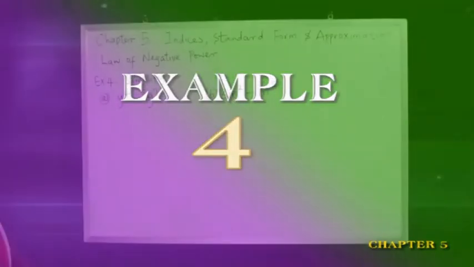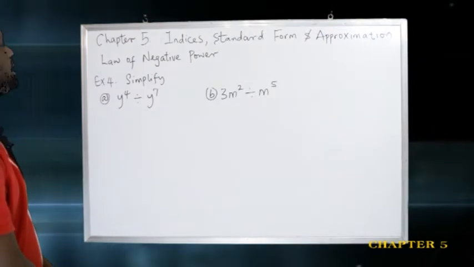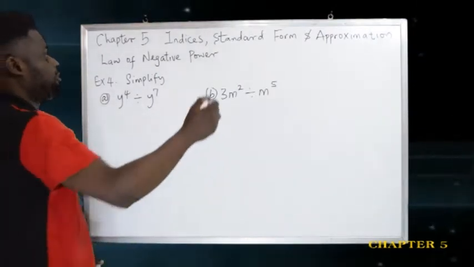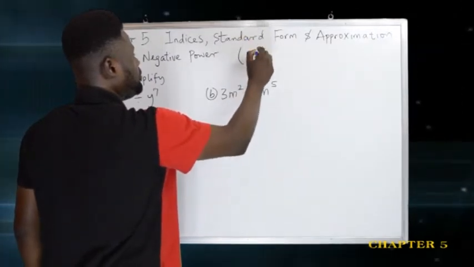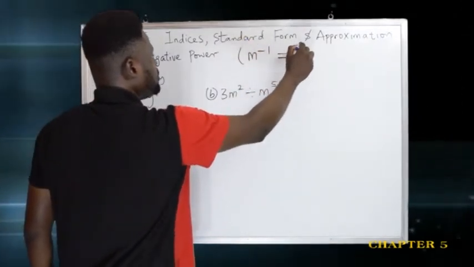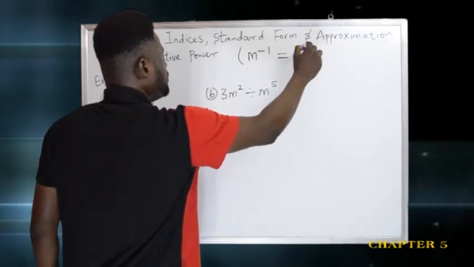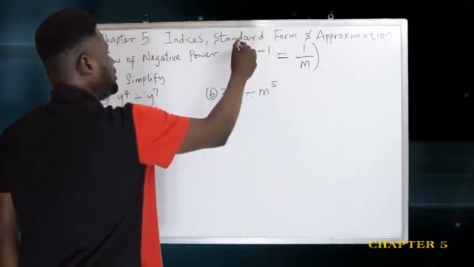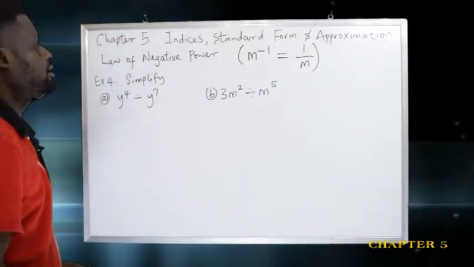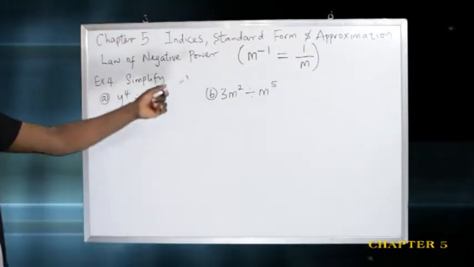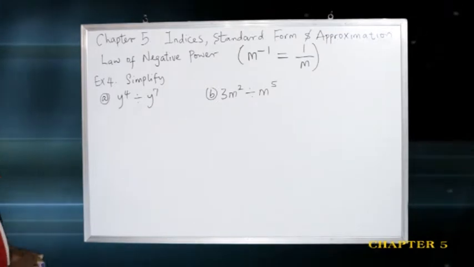Example 4, we are looking at the law of negative power. The law of negative power says that if we have m raised to the power minus 1, it will give us 1 divided by m raised to the power 1, but you don't need to write it. So let's bring it down to this place.